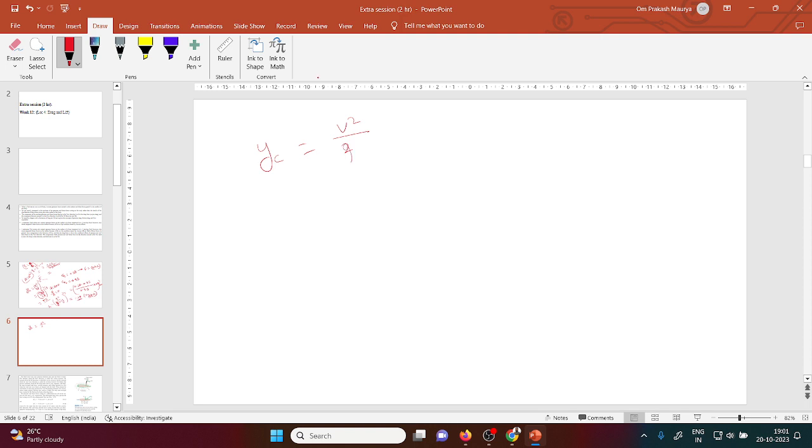Actually YC is equal to Q square by g B square, to the power 1 by 3. Capital Q square, sir. Capital Q square. Okay, let me check first. Just wait. By g B square. B is width.